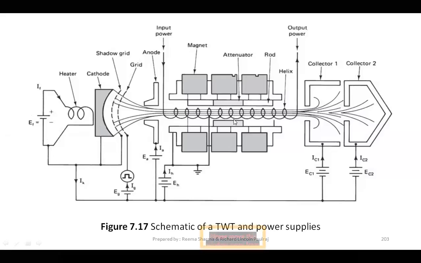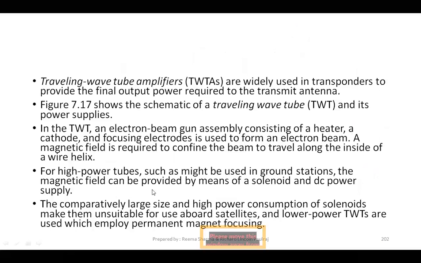These attenuators make sure your electrons are moving in a straight line. Then you have your output line, collector 2. Here you can see it is spread, and here it will still be narrow. This is in the form of your collector currents, IC, and the potentials across your collectors, EC1 and EC2. We will be using different semiconductors here for its operation. We'll look into how it functions.